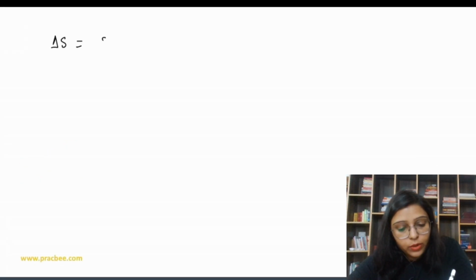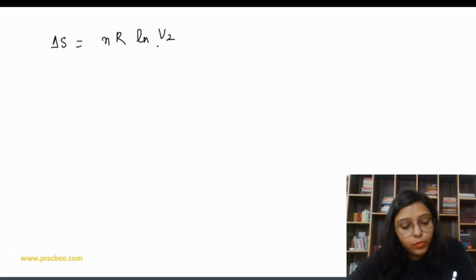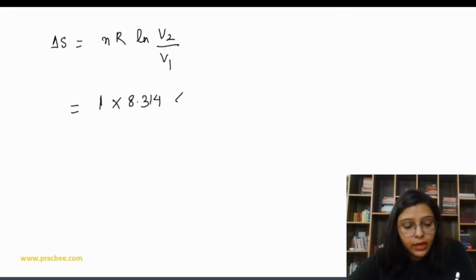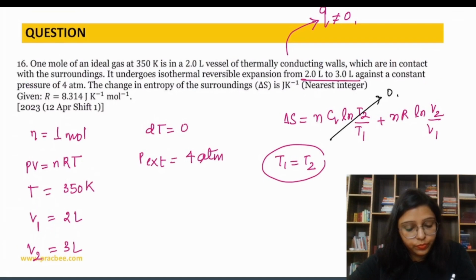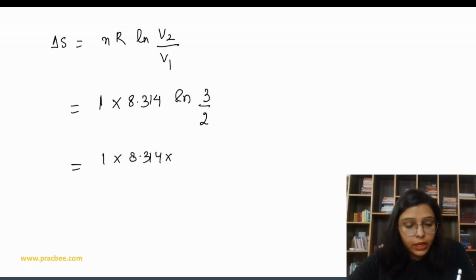So we can say that delta S is equal to nR ln V2 by V1. So n number of moles is 1, R value is 8.314 and ln V2 by V1 is 3 upon 2. So we can say 1 into 8.314 into 2.303 log 3 over 2.